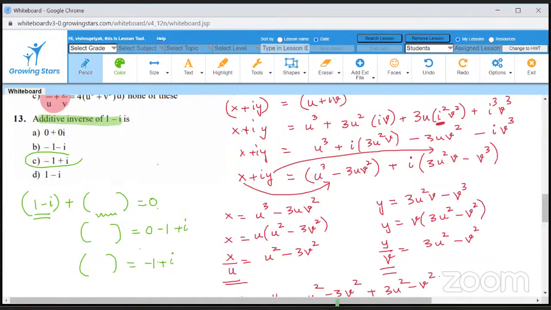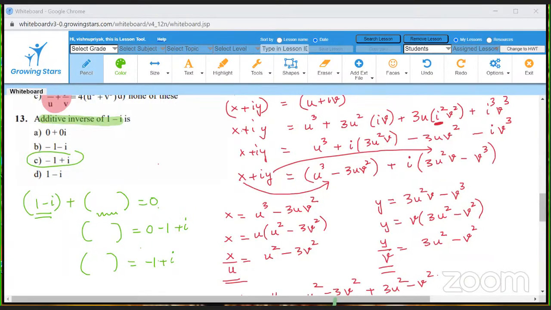C is the answer. That means Kirtana, who told first, is correct. Samrin, you are also correct. Minus 1 plus i is the additive inverse.